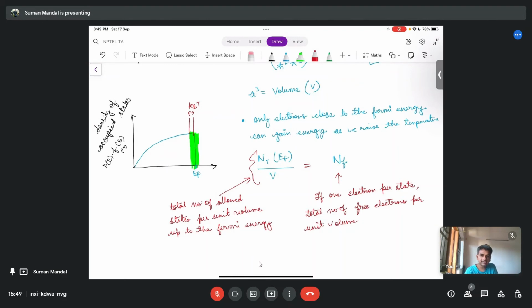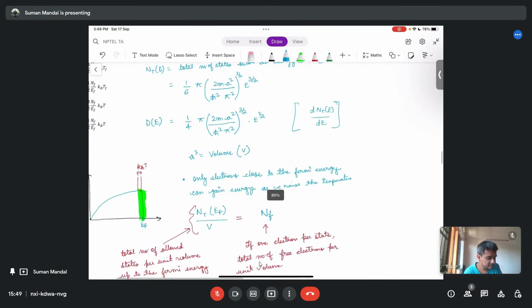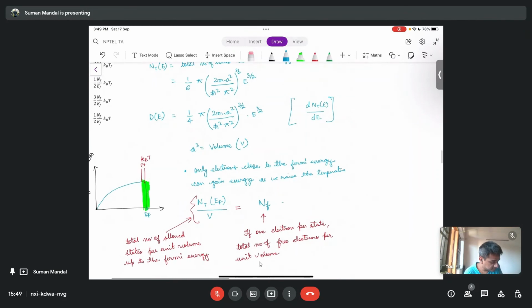This is clear, right? What I'm doing here. Yes, sir. What we are saying is that if each state has one electron, then the density of allowed states is equal to the density of electrons. That is what we have written here. That's what I was asking in the very first question.